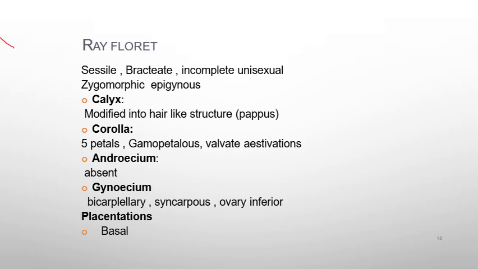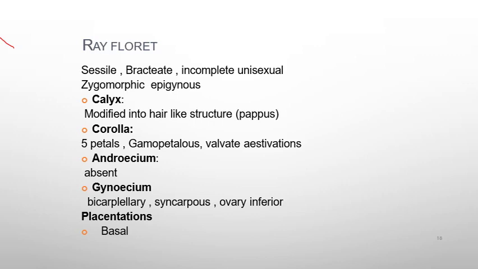So here we have a very short description of the ray floret or ray flower of the capitulum. The flower doesn't exhibit any pedicel or stalk, so these are sessile flowers. A leaf-like structure is present at the base of these flowers, so the flowers are bracteate.